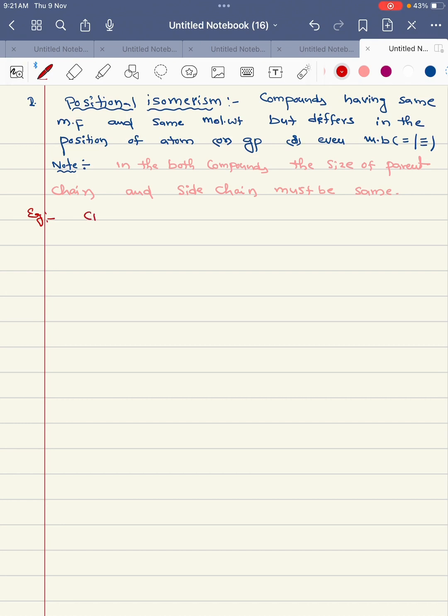One butene: CH2 double bond CH, CH2, CH3. What is the numbering? 1, 2, 3, 4. What is the IUPAC name, students? It is called 1-butene. And how am I going to write the positional isomer? The definition itself says that when the position of the multiple bond is different, it is called positional isomerism.